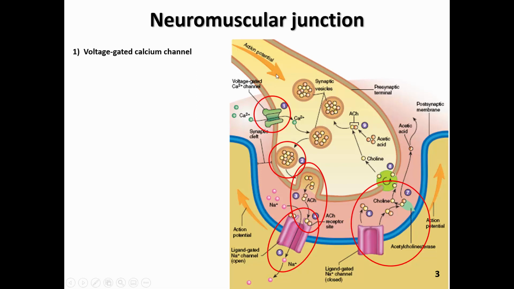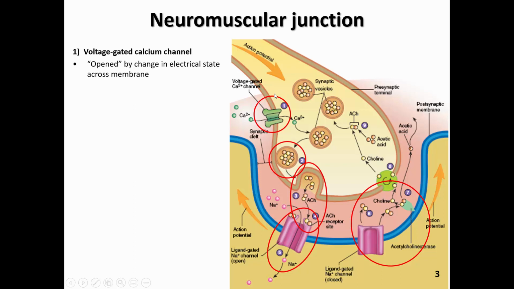So to review these steps here with number 1, and this corresponds to the numbers in the diagram on the right-hand side, we see voltage-gated calcium channels are opened by a change in the electrical state across the membrane. And recall, the action potential will cause the interior of the membrane to, over a very short period of time, become positive.